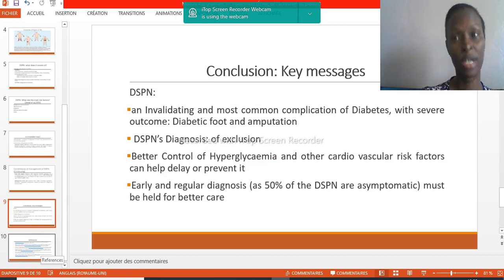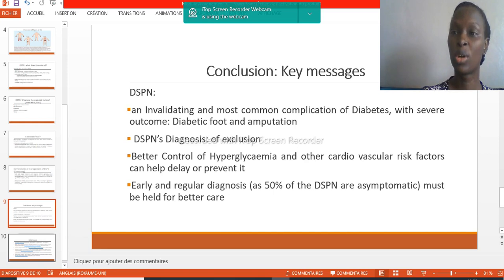While concluding on this topic, what to keep in mind as a health professional is that distal symmetrical polyneuropathy is an invalidating and most common complication of diabetes, with several outcomes, such as diabetic foot that can lead to amputation. And the distal symmetric polyneuropathy, as all the other components of diabetic neuropathy, is a diagnosis of exclusion.